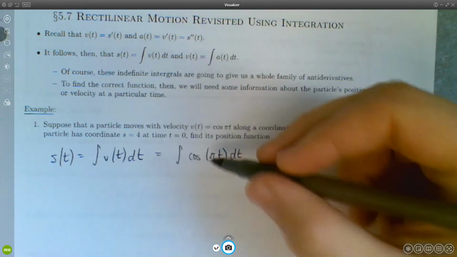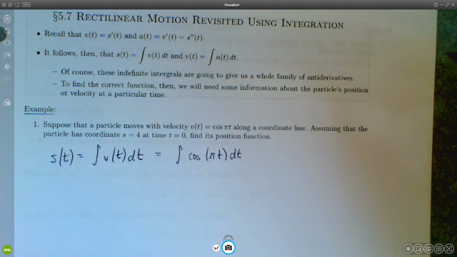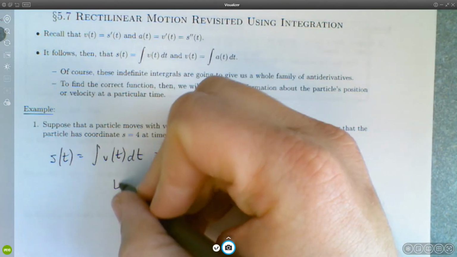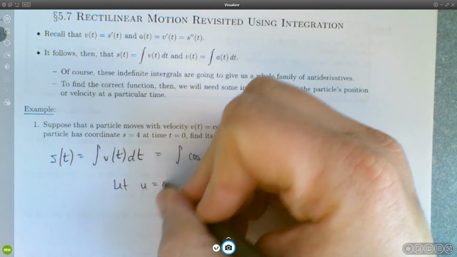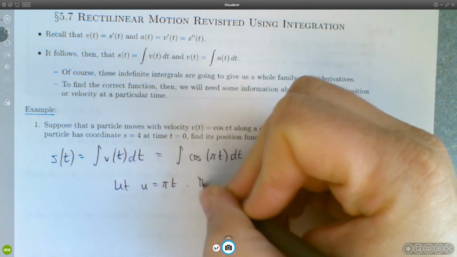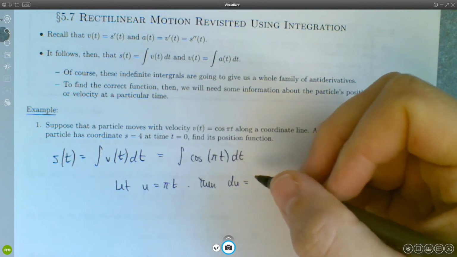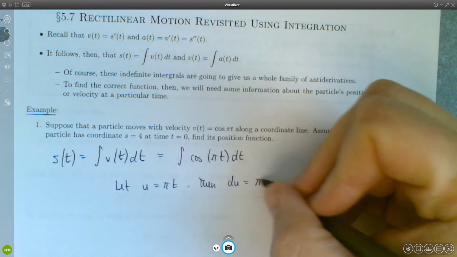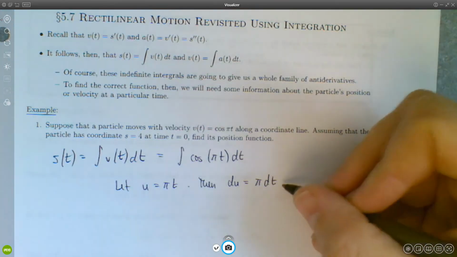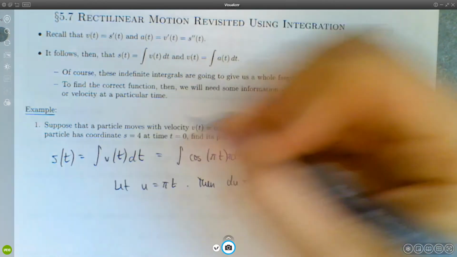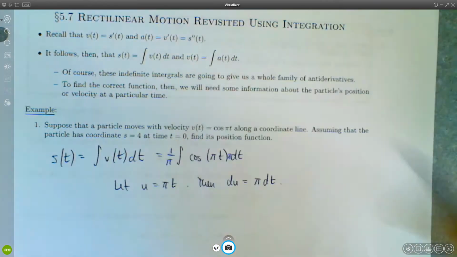We can do a u substitution here if we need to. You can say let u be pi t. Right, and then du would be pi dt. And so I can put a little pi here, and then I put a 1 over pi out there.